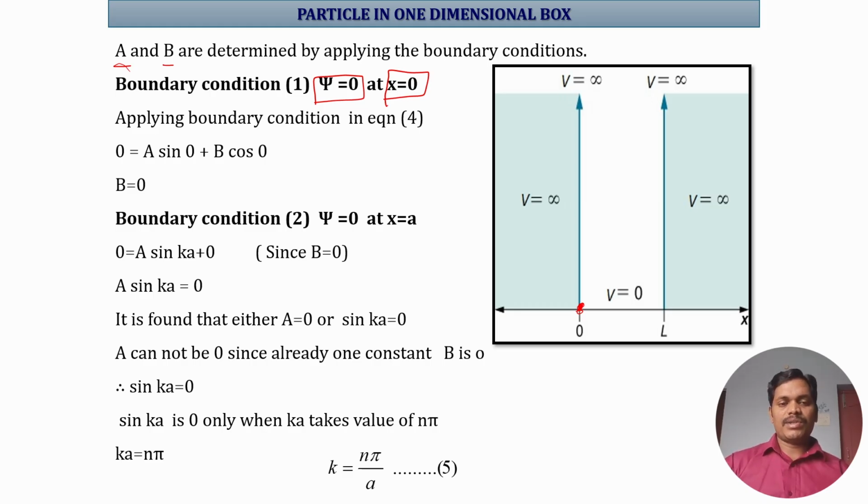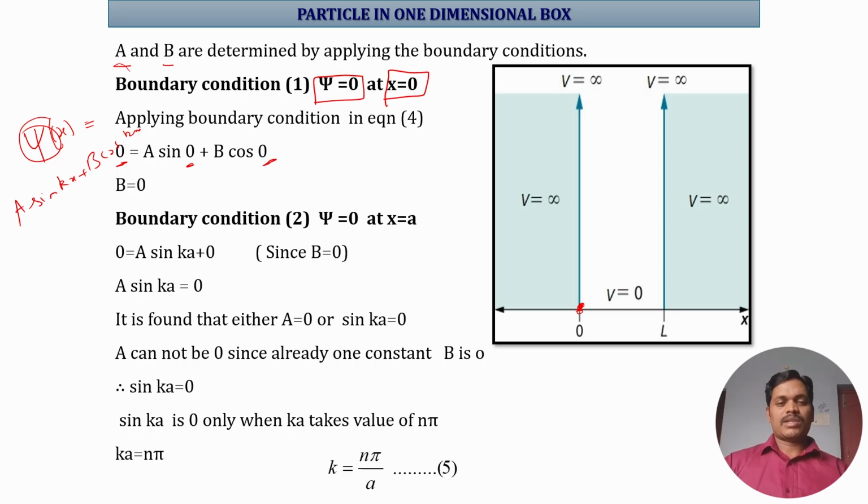So applying the boundary condition in the solution for the second order differential equation, psi of x is equal to A sin kx plus B cos kx, instead of psi, you have to substitute 0. x is also 0.